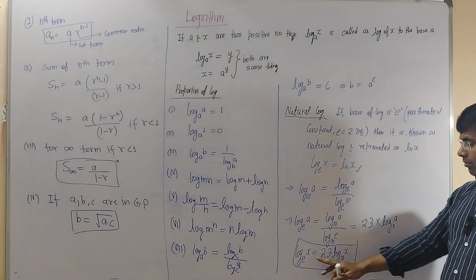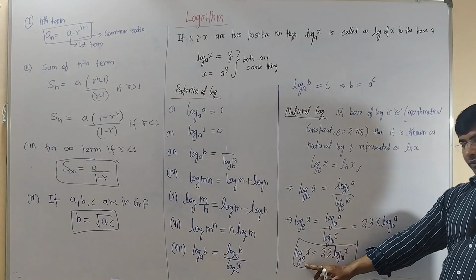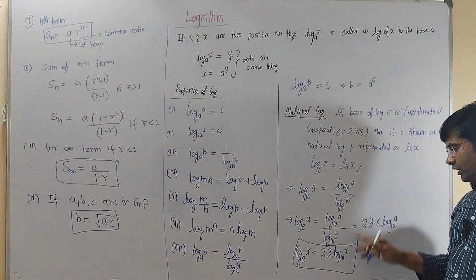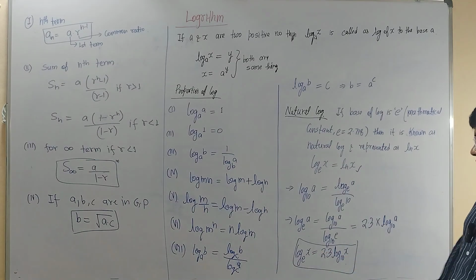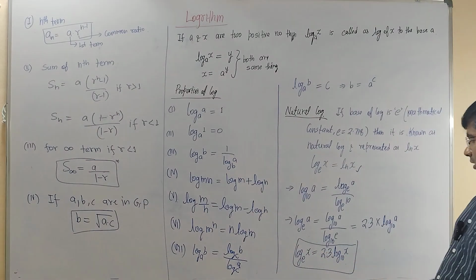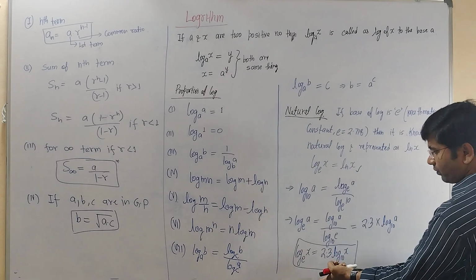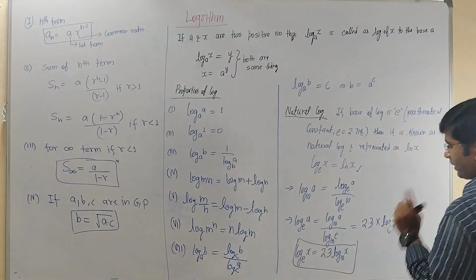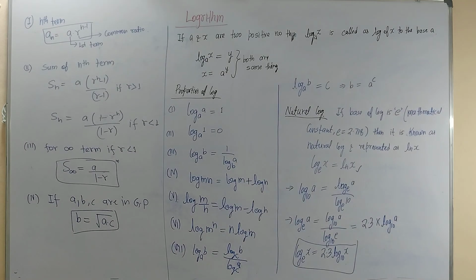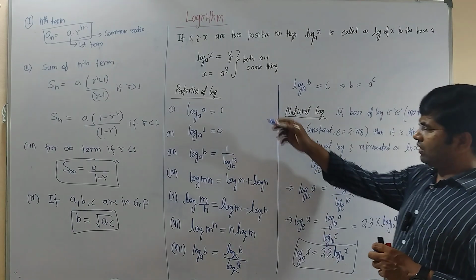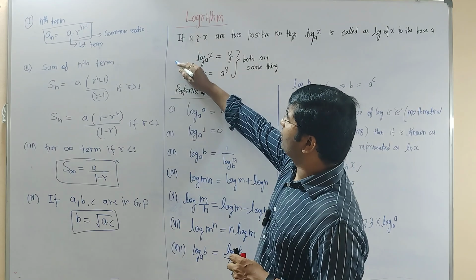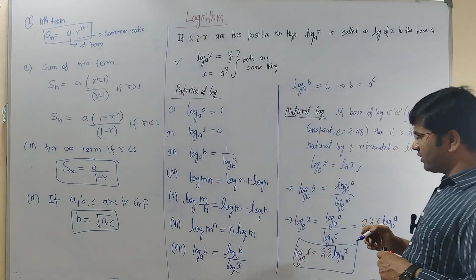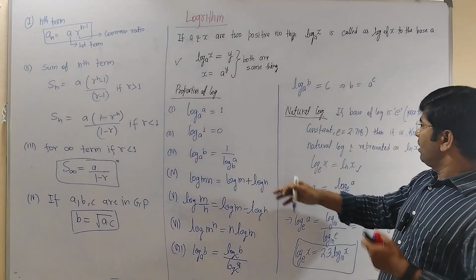So if there is any number with base e log, then we can convert it to 2.3 into the same number with base 10. So multiply with 2.3 and then take the log of that number with base 10. So this is all about logarithm. This formula and concept are important, and once you go through it, it's not difficult to remember.